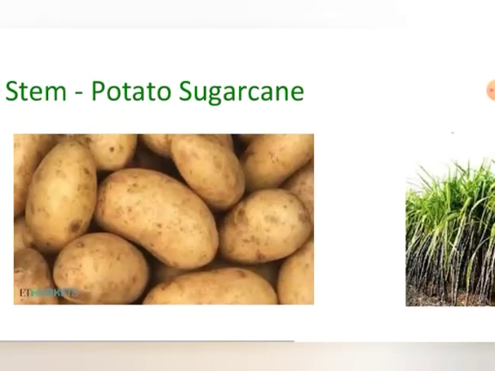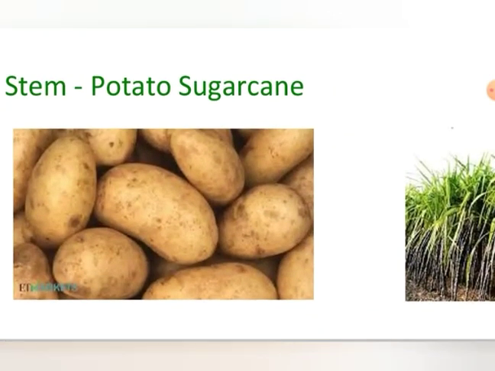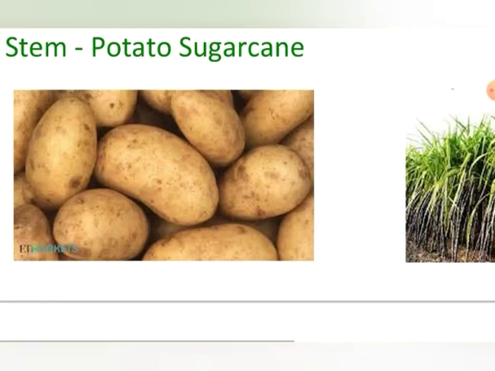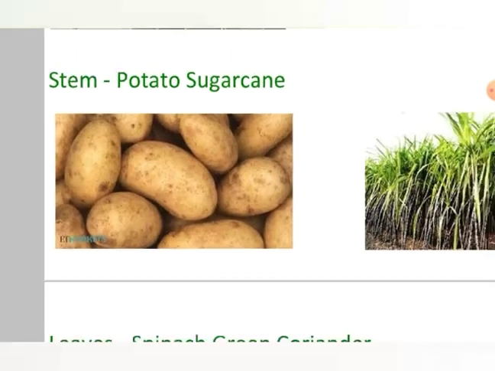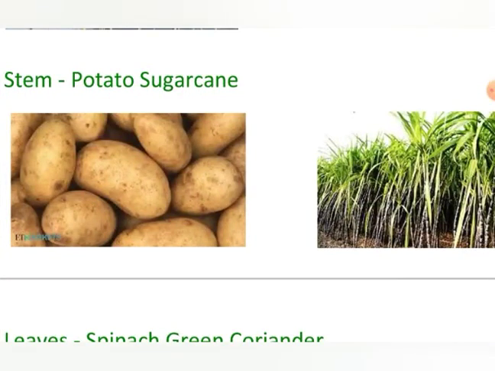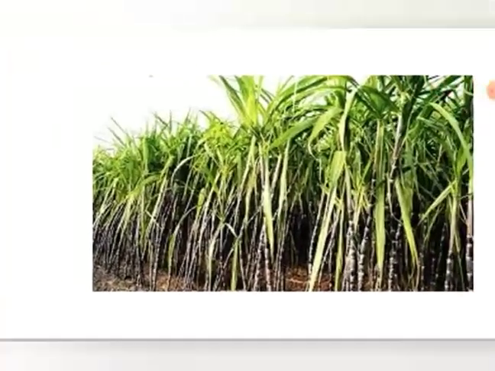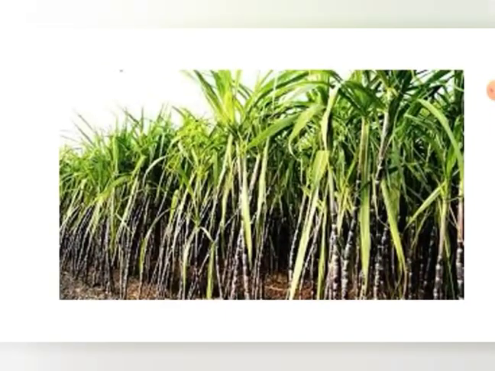Another part of some plants is the stem. The stem of some plants can be eaten. The example is potato. Potato is a stem. Another example is sugarcane. The stem is the part of the sugarcane which is edible. In the stem of the sugarcane there is juice, and this juice is sweet in taste.